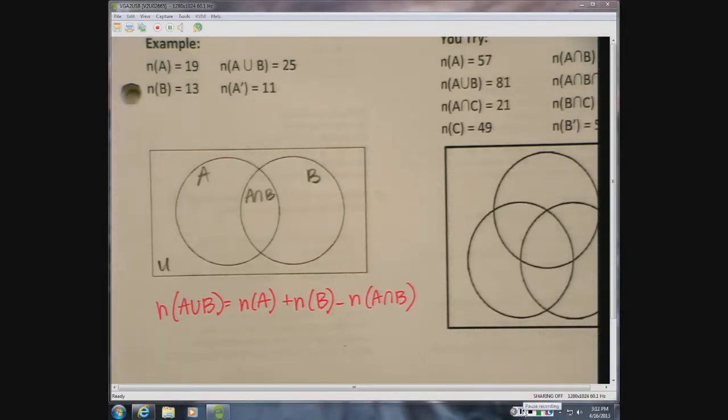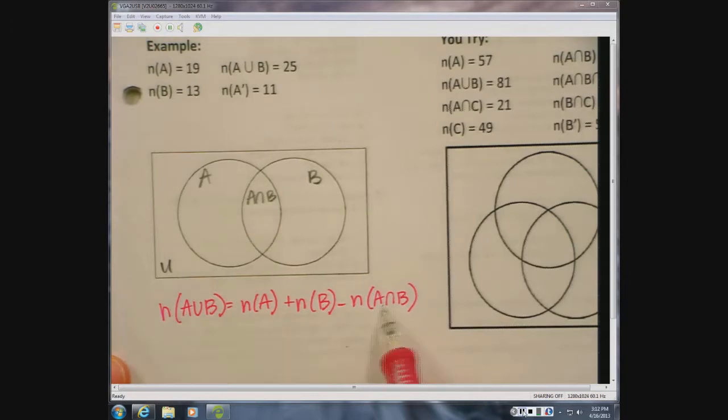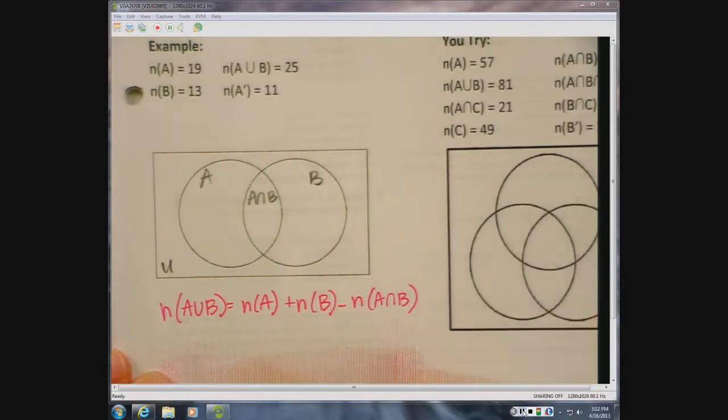Okay, so hopefully by the time you have unpaused this, you have tried it and gotten some numbers, and now we're going to confirm. So we have this formula, and we were given most of this information. The number of elements in the union is 25. The number of elements in A is 19. The number of elements in B is 13. Minus, I don't know how many are in the intersection.